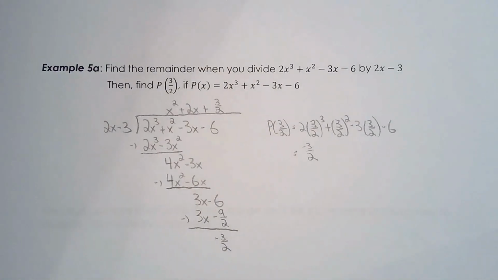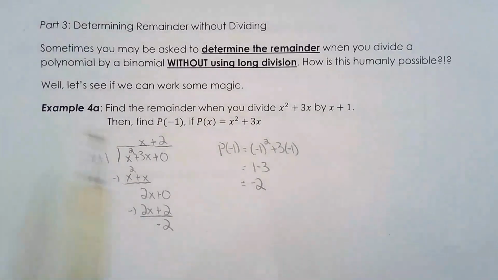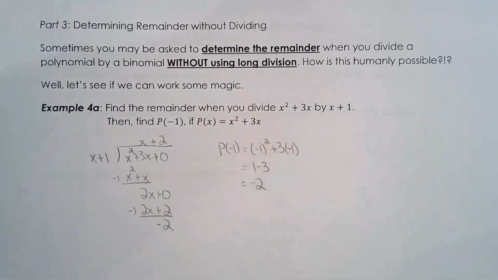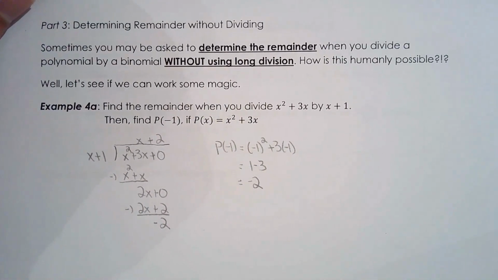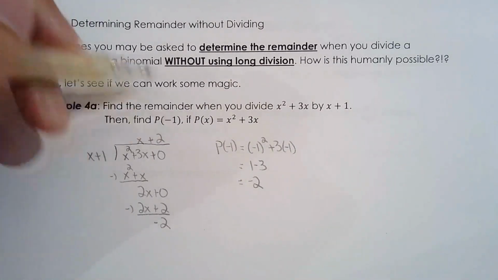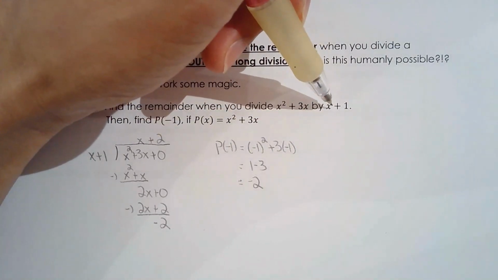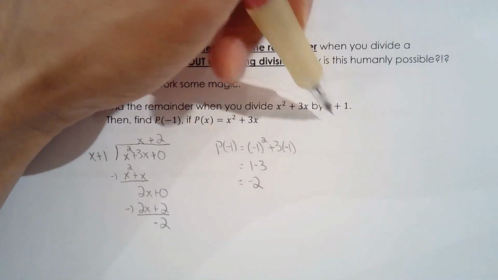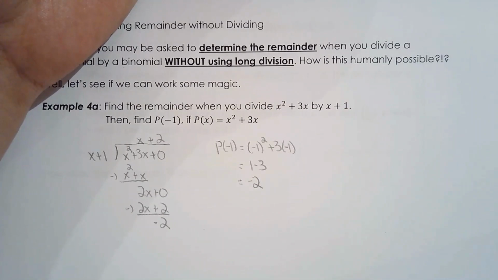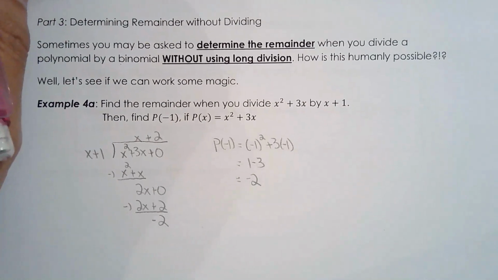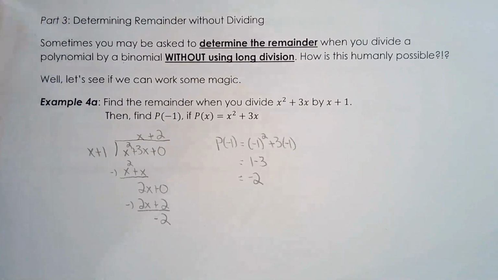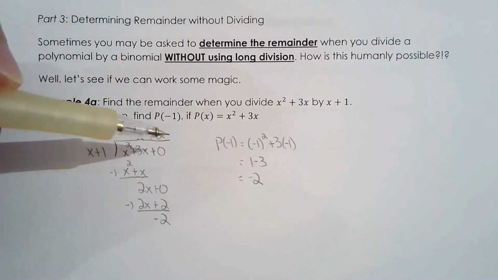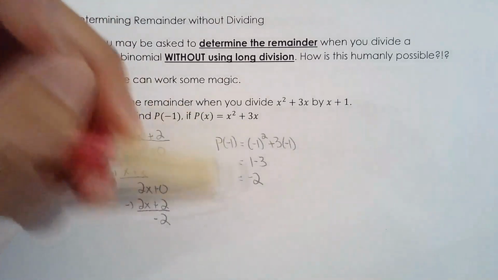And for the first one, example 4, I chose negative 1 when the divisor was x plus 1. So hopefully you realize that the value I chose makes my divisor, if I evaluate it at that value of x, equal to 0. That wasn't coincidence, it was on purpose. If it makes the divisor equal to 0, you're able to evaluate and determine the remainder.